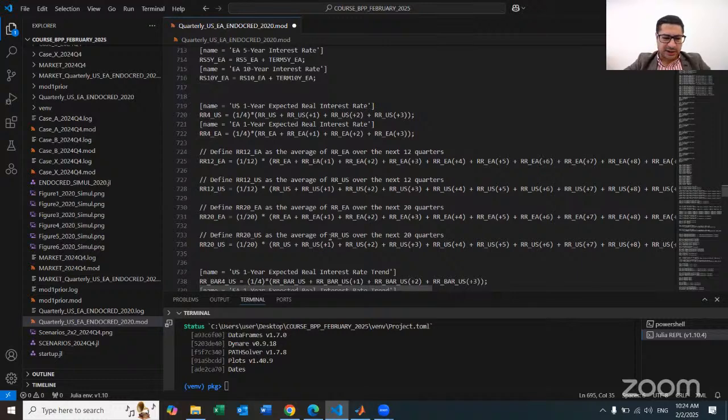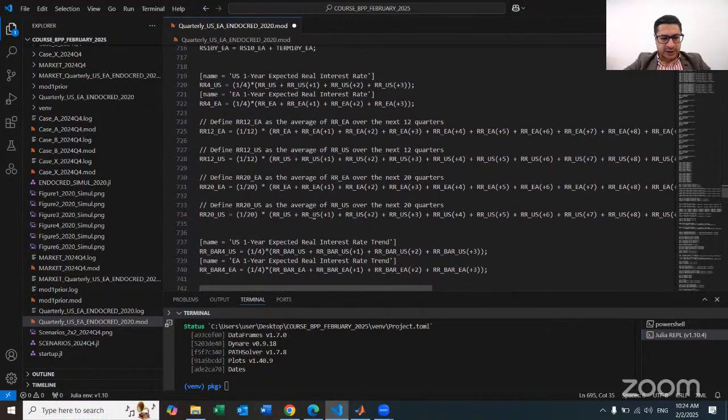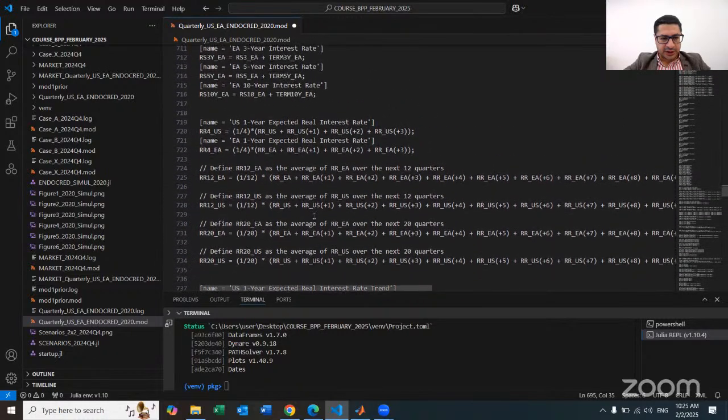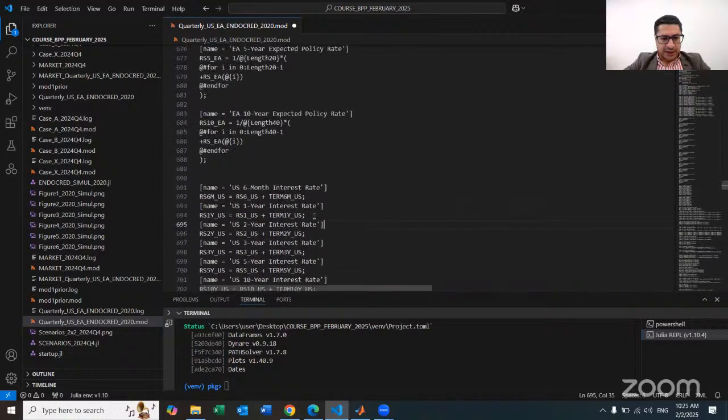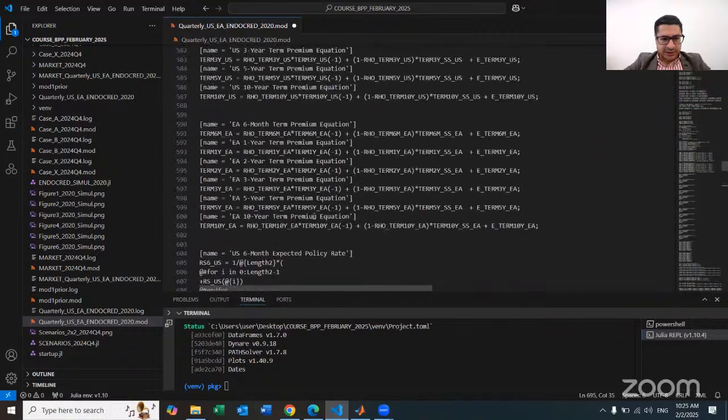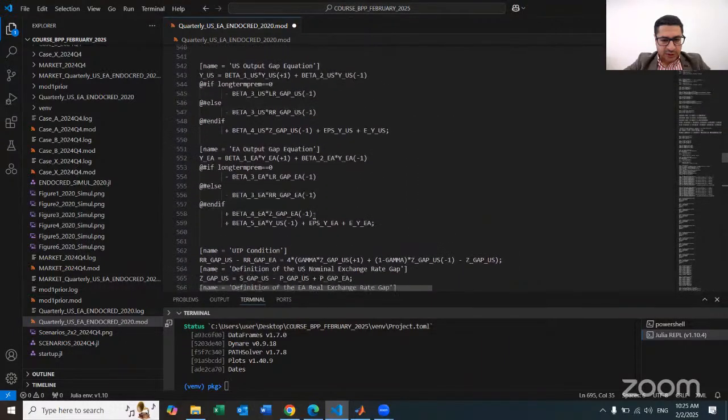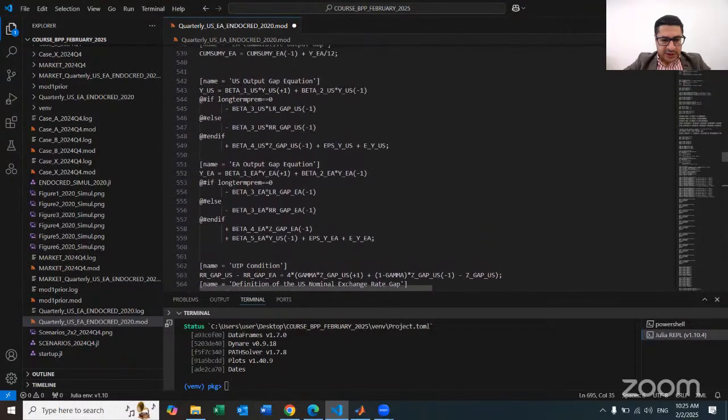I guess Ani also showed in her presentation how we build the long-run interest rate. And the idea of having the long-run interest rate here is that it's gap affecting aggregate demand conditions.